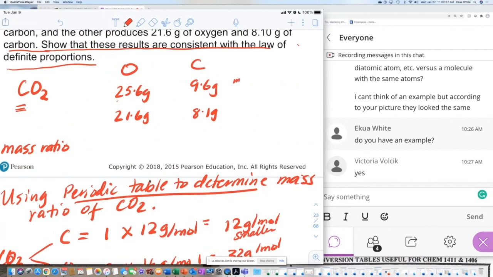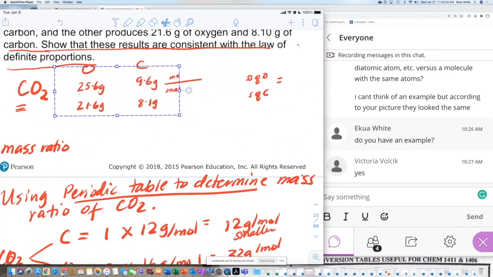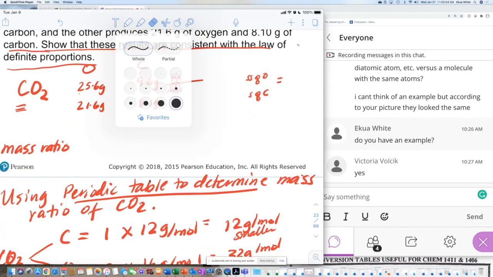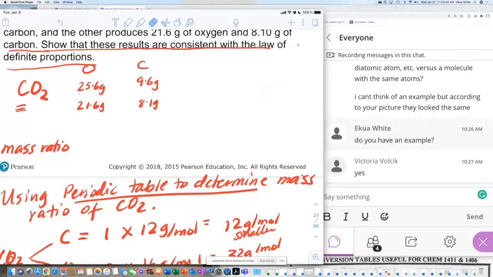I'll take the mass of oxygen divided by mass of carbon for these 2 and see what I get. Can I make this a little bit smaller? Yeah, they're right over there. So mass of oxygen over mass of carbon.